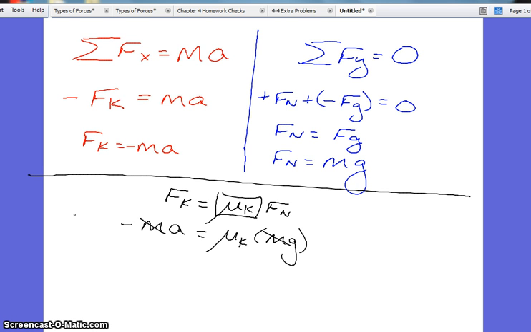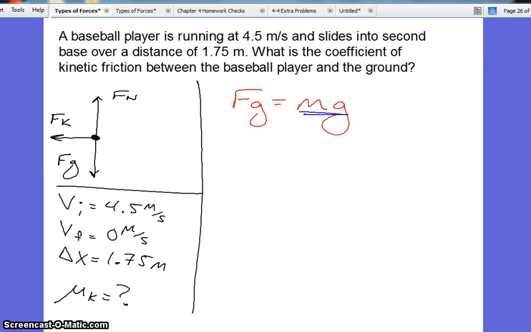The only problem is we need to know this acceleration. And that's when we go back here, and we're going to use these three values to get our acceleration. So this is back from the very beginning of the year with kinematics. Vf squared is Vi squared plus 2a delta x.